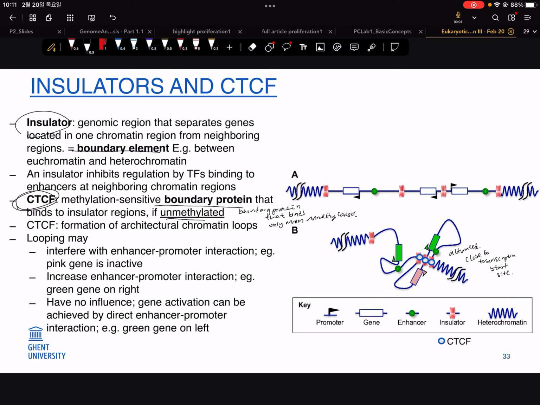And then sometimes it also has no influence, of course. Like here, it doesn't matter. They were already close together, and by the loop, that is not affected. So this insulator can connect or disconnect specific regions of the chromatin so that they can interact with each other and genes can be activated.